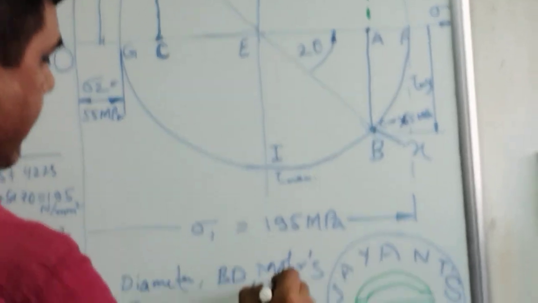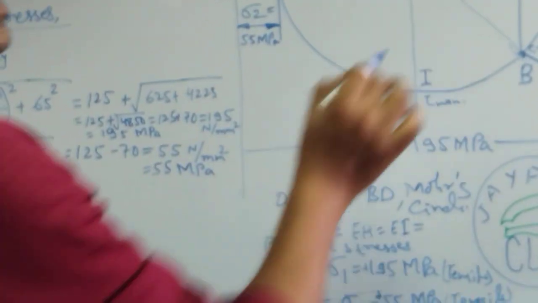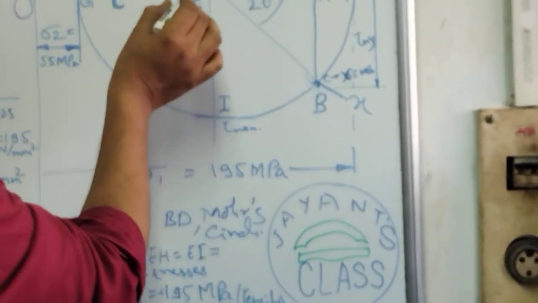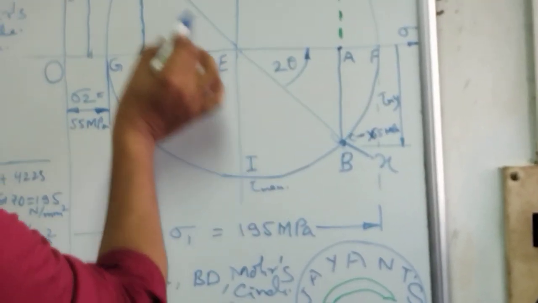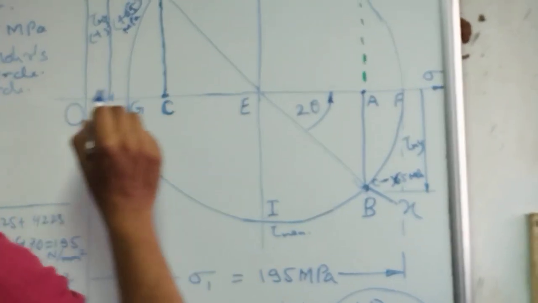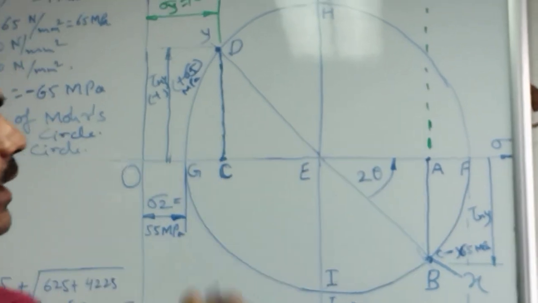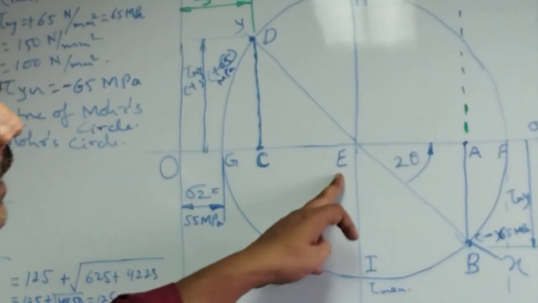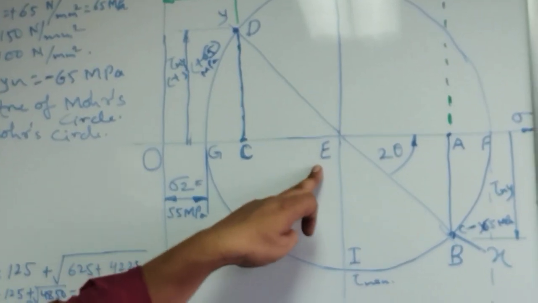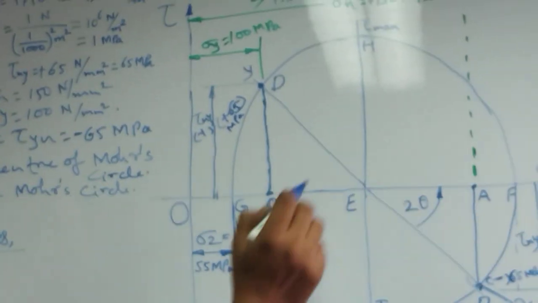BD is the diameter of the Mohr circle. As it is drawn, BD cuts the O sigma axis along the abscissa at a point, shown as E. This is the center of the Mohr circle.